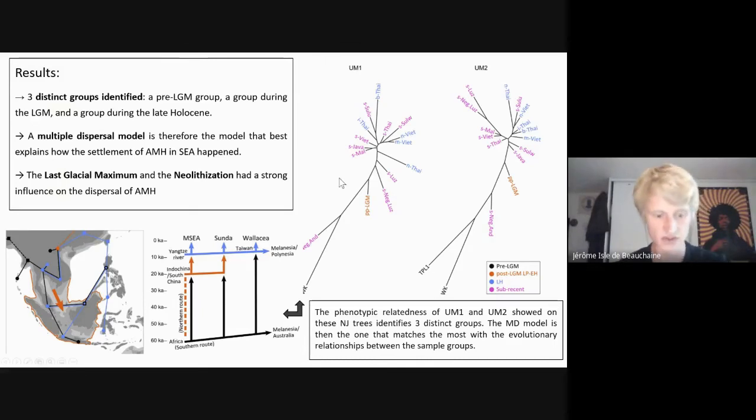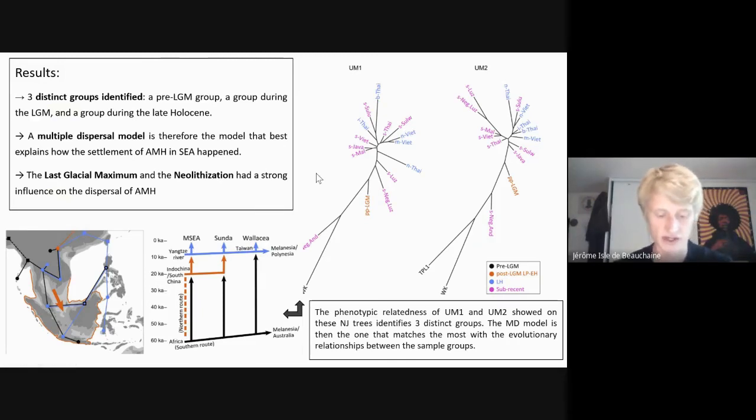With this result, the multiple dispersal model is the hypothesis that explains most of the phenotype variation observed, better than the other models. So it shows that the Last Glacial Maximum and the Neolithization have a strong influence on the dispersal of anatomically modern humans in this region.